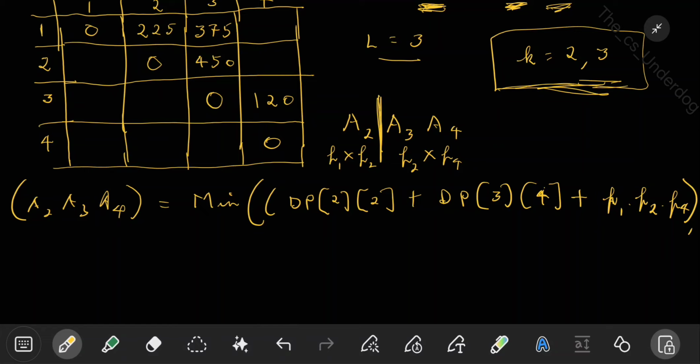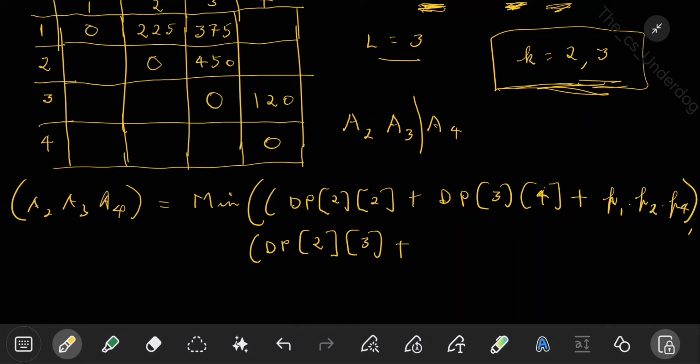What is the next possibility? The second possibility is that the split is happening after A3. In that case, the first part will be dp of 2, 3. The second part will be dp of 4, 4. And what about the third part?